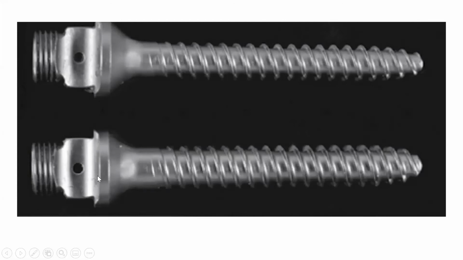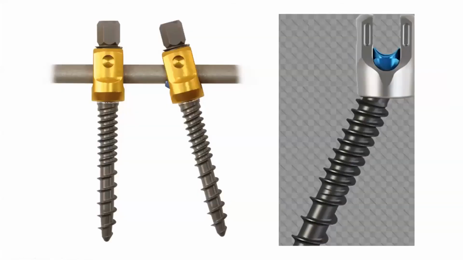This is a fixed head screw, which is great for trauma, but you also may want polyaxial screws because it allows you to fit the rod more easily. The fixed head screw has a monoplane movement. This is a polyaxial screw, we can move in different angles. There you can see the beautiful differential pitch. This part goes in the pedicle, this part goes in the vertebral body, which is cancellous, and it's much better biological fixation.